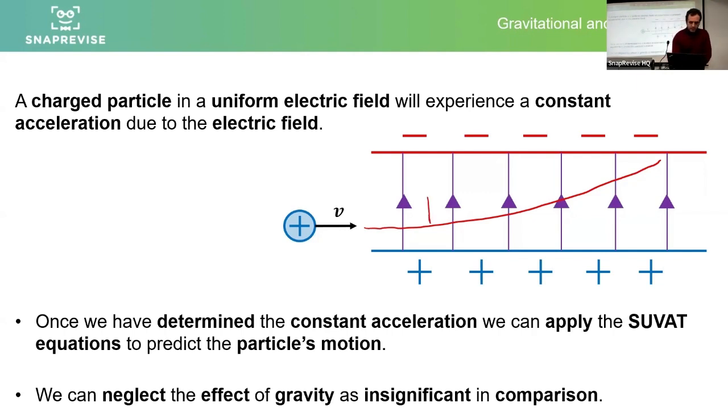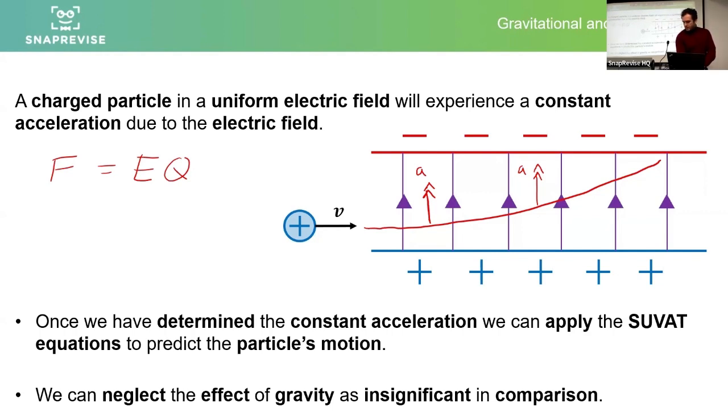That's because, like on the surface of Earth, where objects experience a uniform acceleration in a direction due to gravity, here again our particle is experiencing a uniform acceleration, except this time it's not due to gravity, it's due to electrostatic forces. The force is the electric field times the charge of this particle.